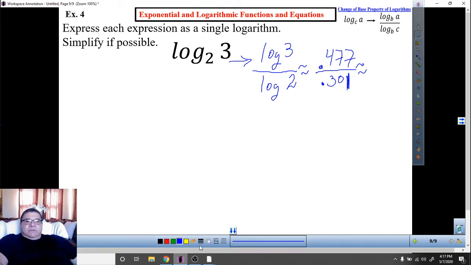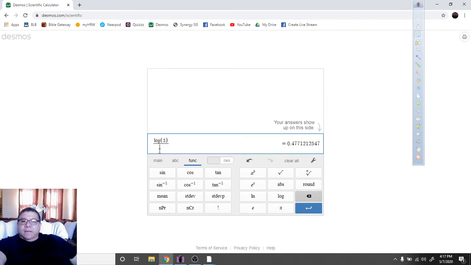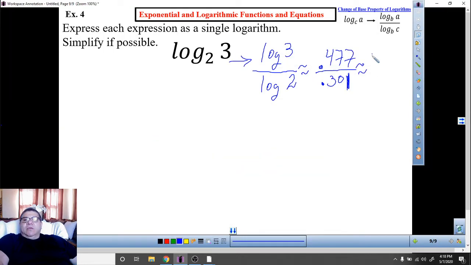Well, let's type this in. It was log 3 divided by log 2, and that gives us 1.584, approximately 1.584.